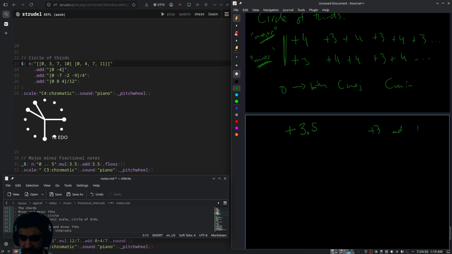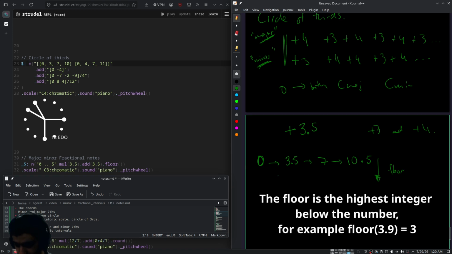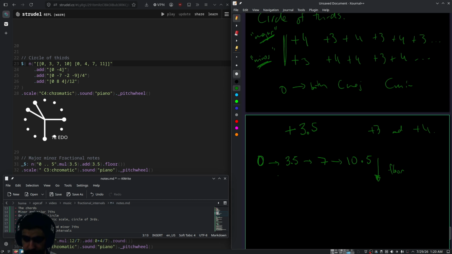If we start at 0 and we start adding 3.5, we have 0, 3.5, 7, 10.5. And then I can collapse this by taking the floor, so that's the lowest integer below our decimal number.